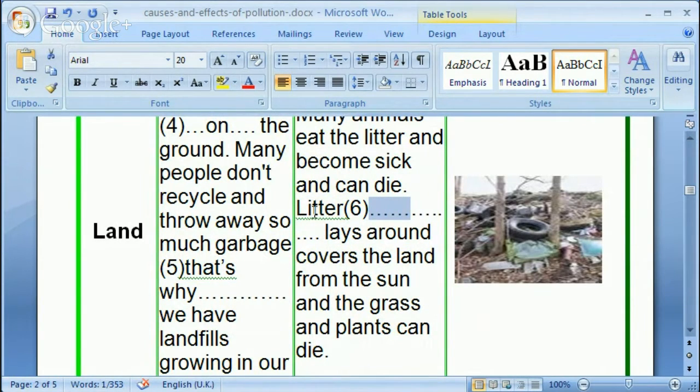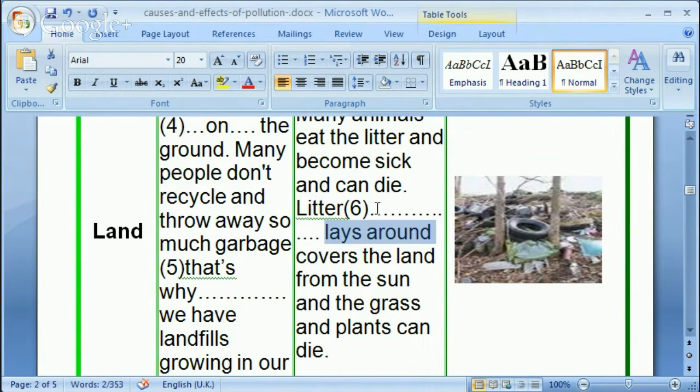Okay, it's something, litter, something lays around. Now here we have a noun, litter, and we have a phrasal verb, lays around. Basically, between a subject noun and a verb, there's really only one kind of word that's going to work, and that is an adverb. So I'm looking for some kind of adverb.